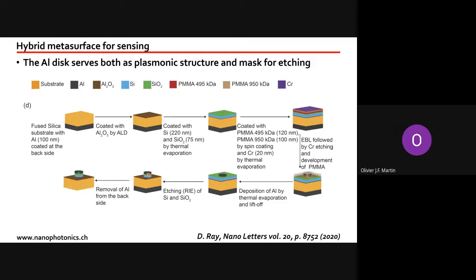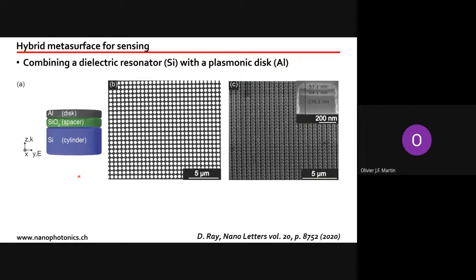So what we are doing in that step is, again, using etching, like ion beam etching. In that case, we can even use reactive ion etching to remove the material around the shadow of this aluminum disc, such that at the end, we have this structure that is built from a silicon cylinder, a small spacer of glass, and then the aluminum disc on the top.